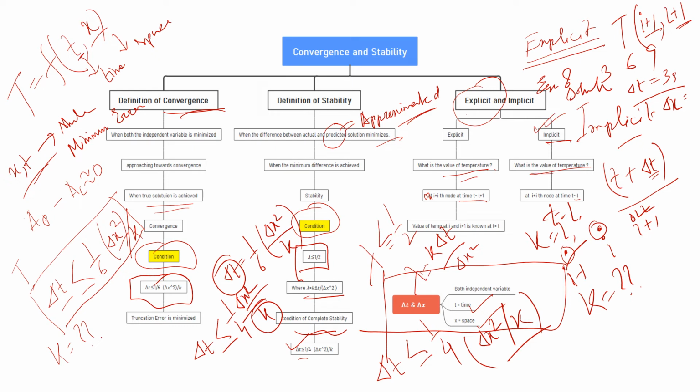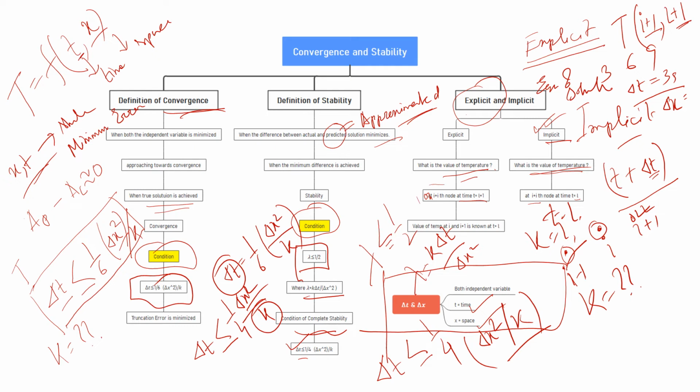We are trying to find the value of temperature at the same node I plus 1. However, at the same time t equal to L, where I minus 1 and I plus 1 are at the same time t equal to L.